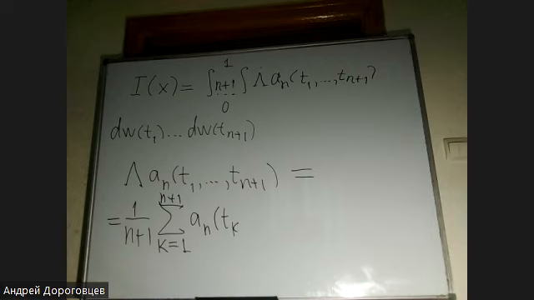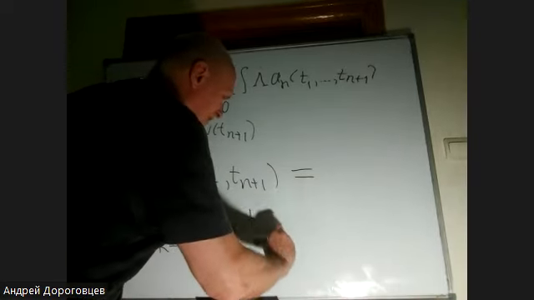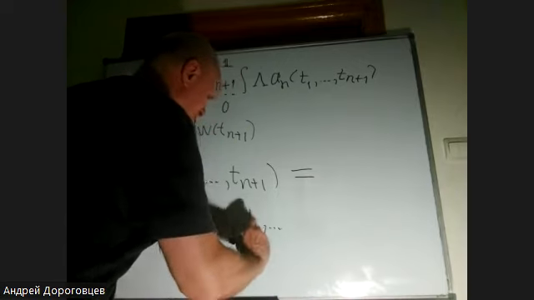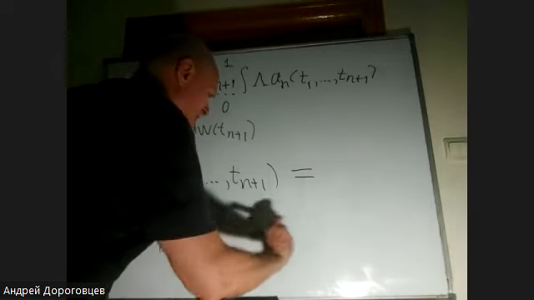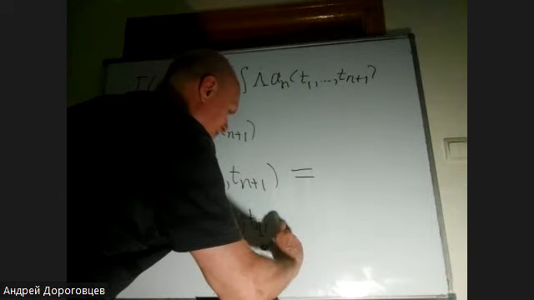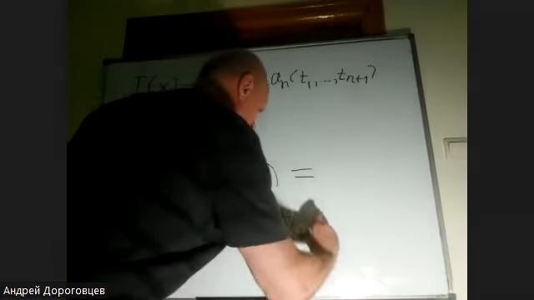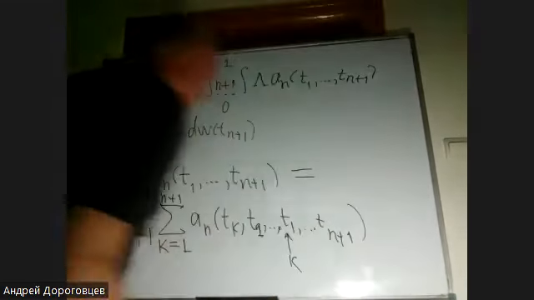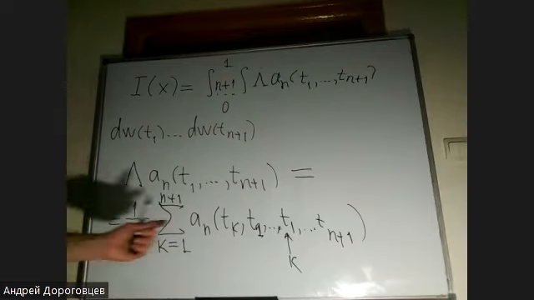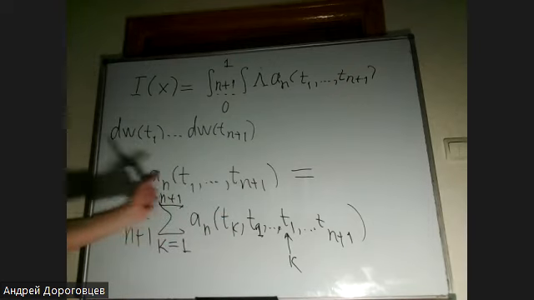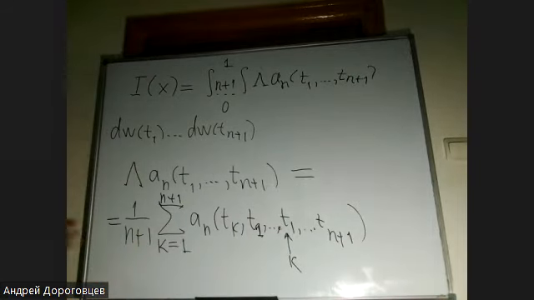a_n(t_k, t2, and so on, and here instead of k, I have t1, and then continue up to t_{n+1}). So the symmetrization is done if we just put every variable on the first place, because up to other permutations we have symmetry.